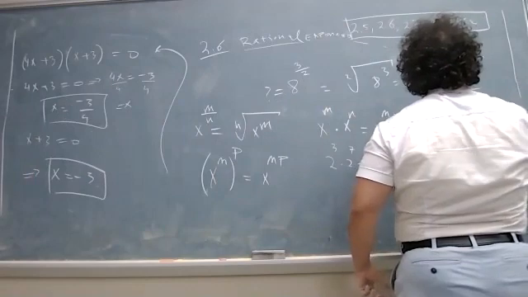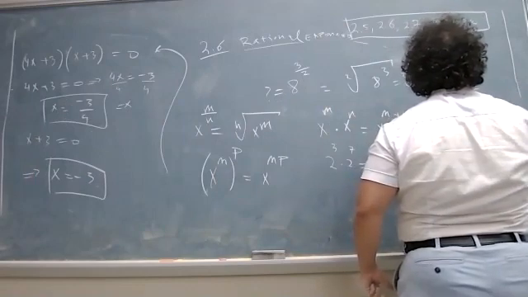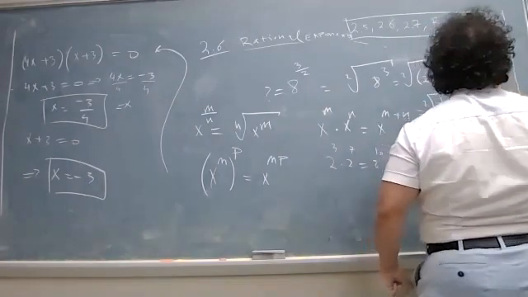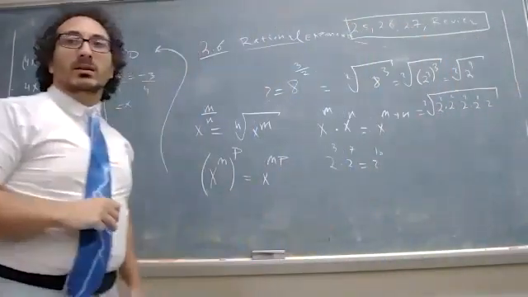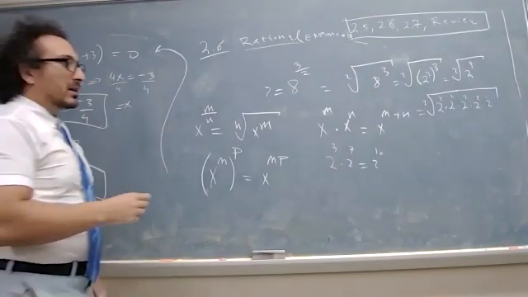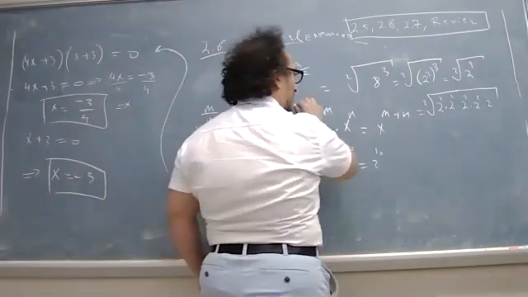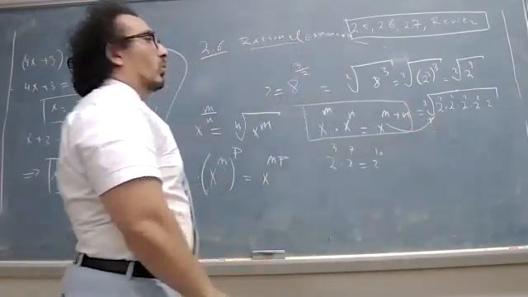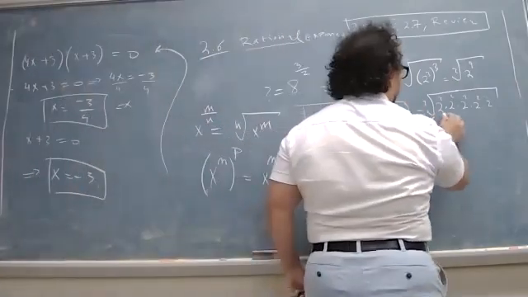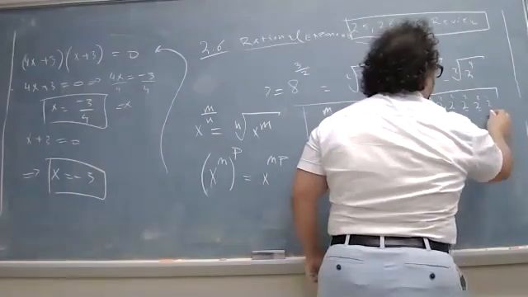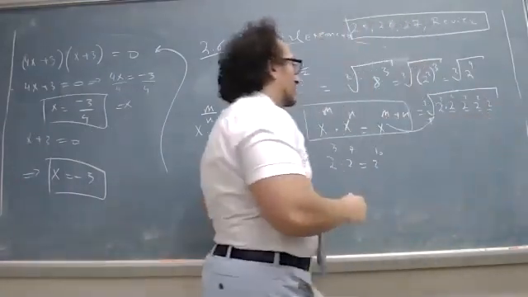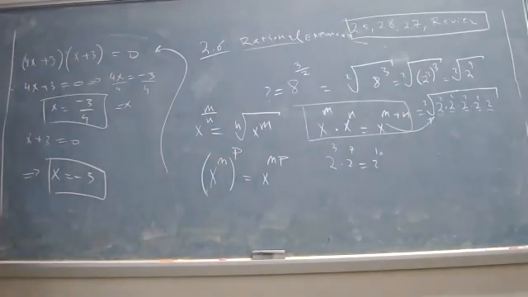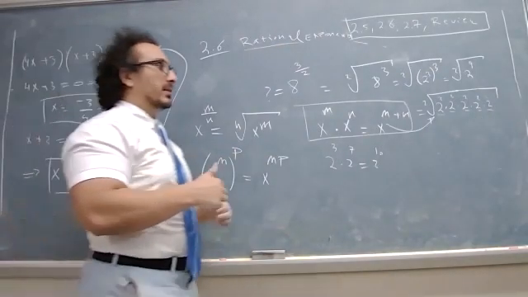Let me take the square root of that. That's really 2 squared times 2 squared times 2 squared times 2 squared times 2. Why am I saying that? Because all of these have the same base, 2, and whenever I multiply mathematical objects that have the same base raised to a power, the powers add.